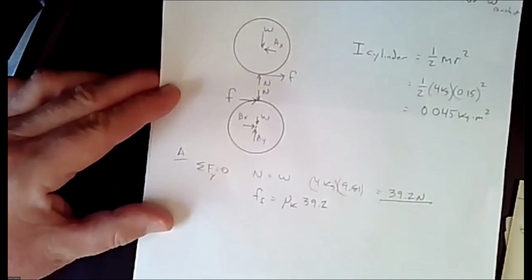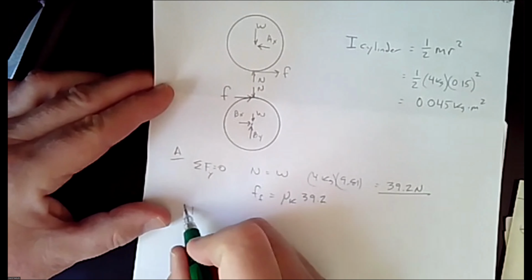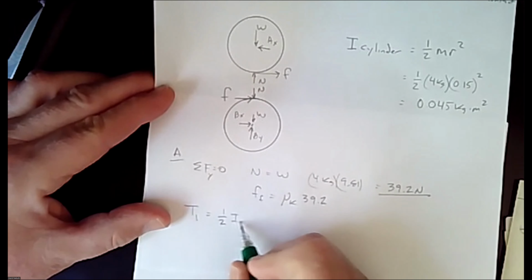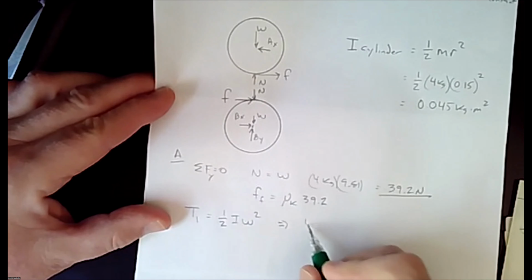All right. Now, my initial kinetic energy, so my T1 is going to equal 1/2 I omega squared, or 1/2 of 0.045, and then it's going at 50, so 50 squared, rad per second.